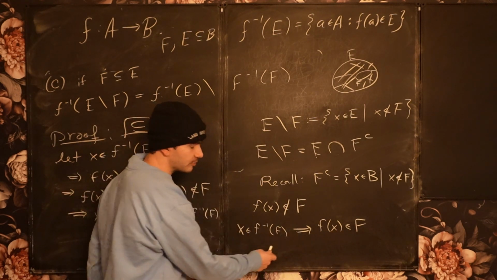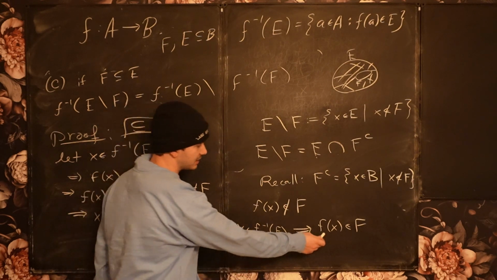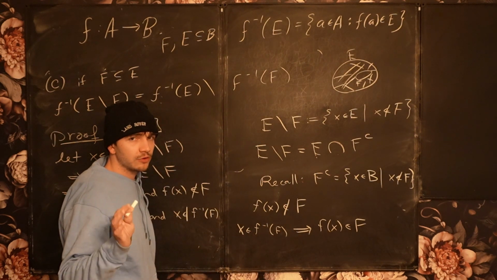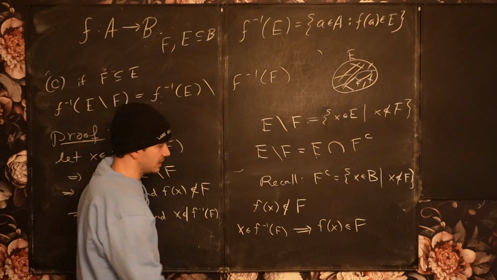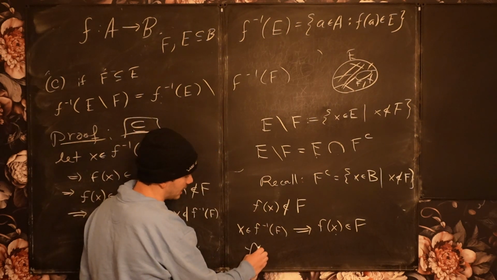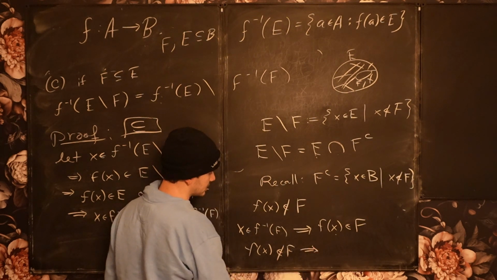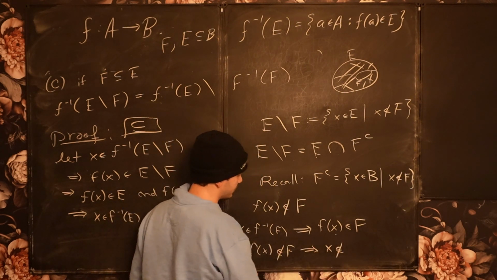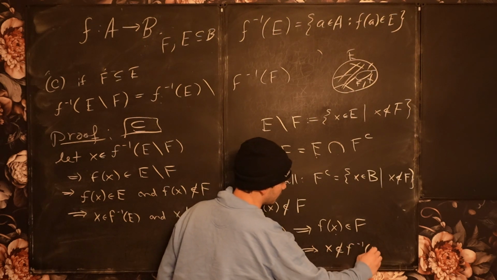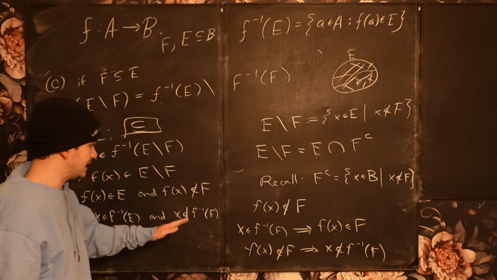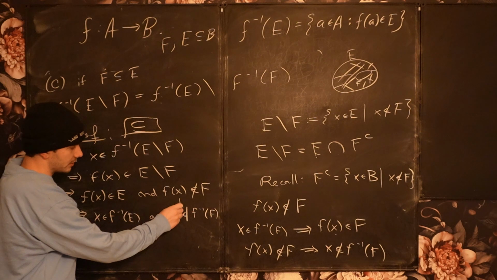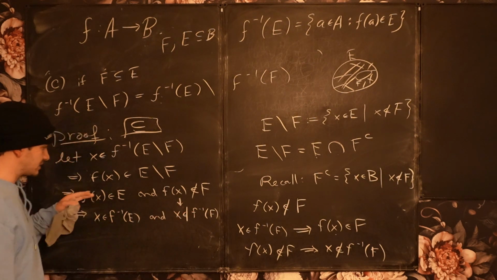Well, I can take the contrapositive of this statement. Remember, P implies Q is logically equivalent to not Q implies not P. So negating this statement, I have f of x not within F implies x not within f inverse of F, which is precisely this statement here, passing from this line to the next.